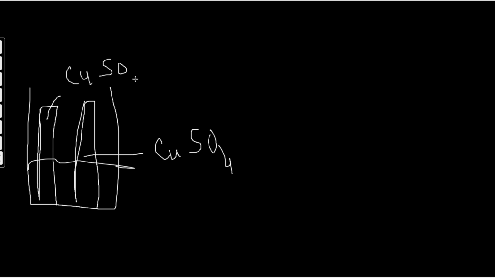It isn't copper sulfate. You can see I wrote this because the main reactant here will be copper sulfate. And for the second one, the anode, the electrolyte is water. So as you can see here, we have two different electrolytes that are being used.